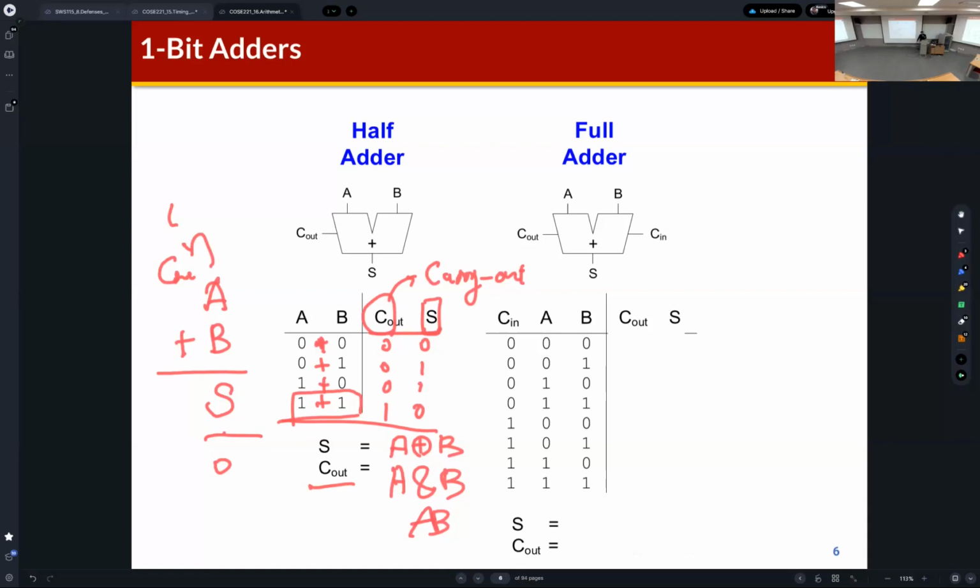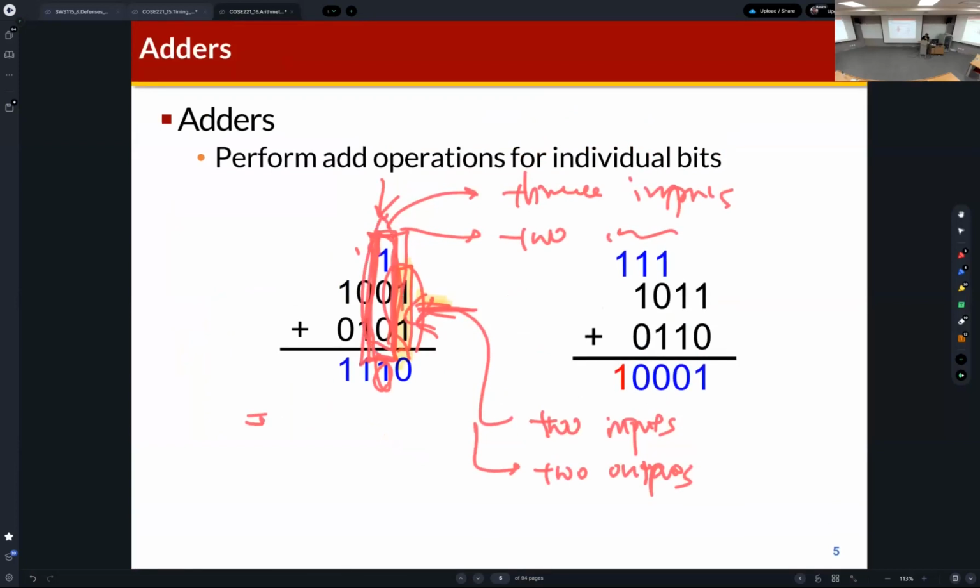But usually for this digit, we require 3 inputs: two inputs from A and B, and another input generated from the previous digit, right?